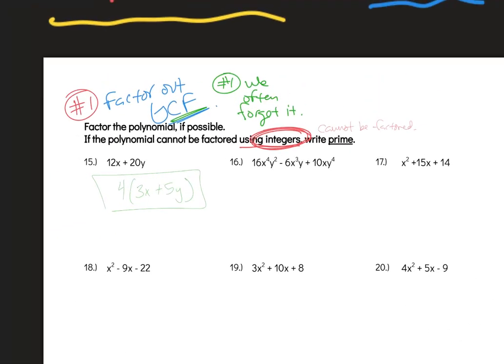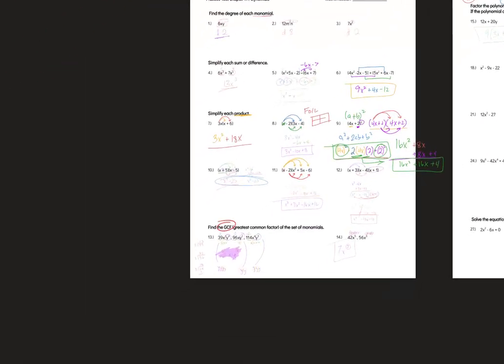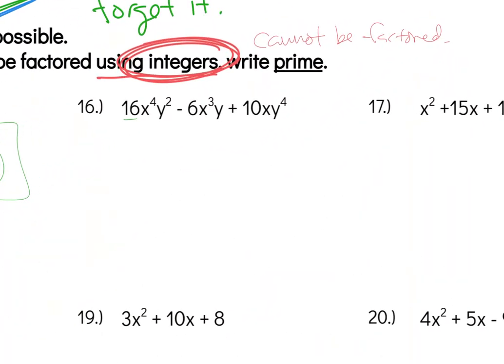Number 16. Let's see. They all, in fact, just like way over here where I said I'm going to start with the coefficients. That's what I'm going to do every time. 16, 6, and 10, they've all got a 2 in common. So that's going to leave me 8 and 3 and 5. And now the x's, they've all got at least 1 x.